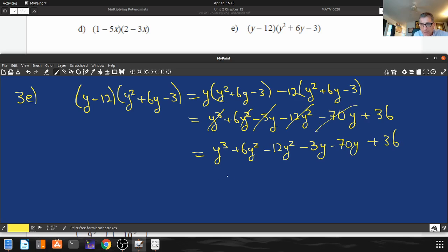Now that I've collected like terms, I just simplify. 6y squared minus 12y squared is minus 6y squared. Minus 3y minus 70y is minus 73y. And then I have plus 36. And this is my final answer.